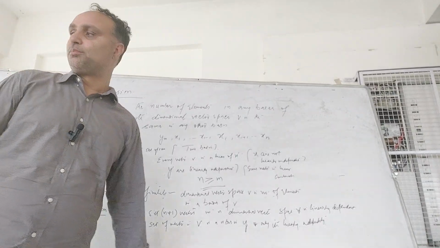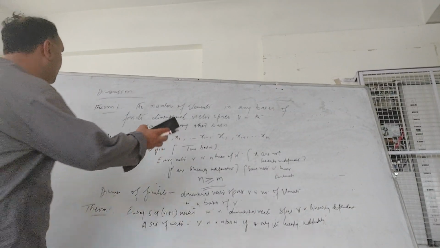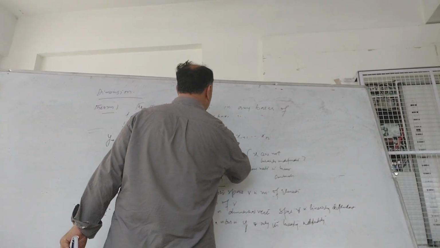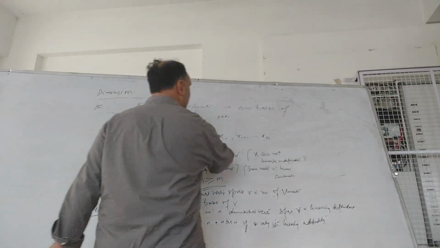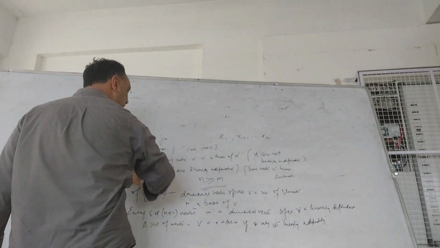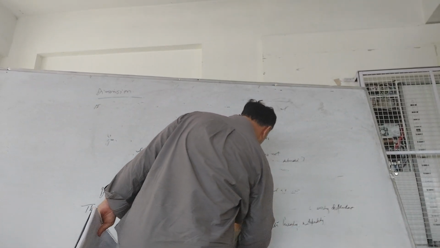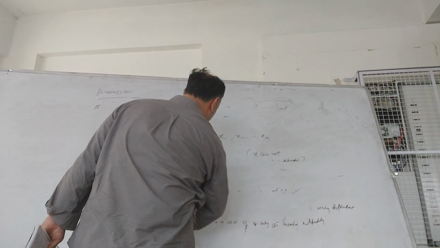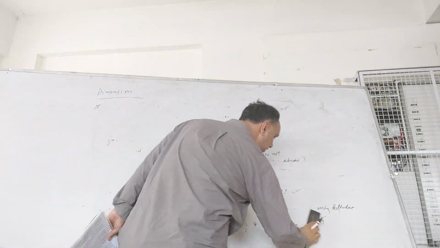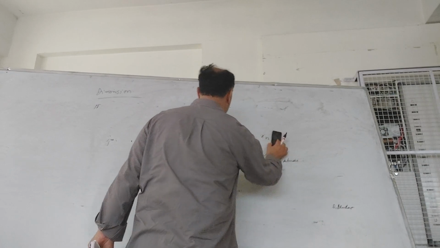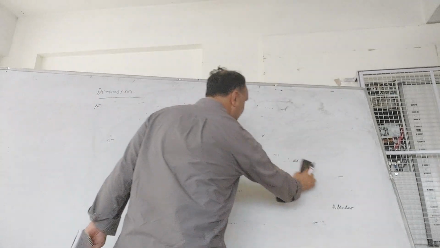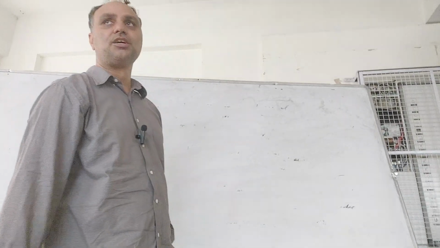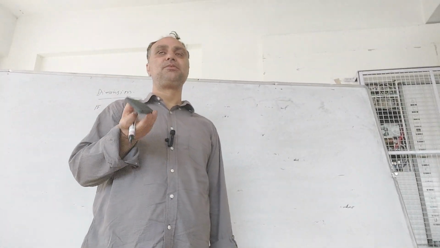Now the important thing which we will continue is isomorphism, which you might have heard about in your earlier classes. Isomorphism is a sort of mapping between these finite dimensional vector spaces, which are constructed out of those bases, and those bases may be constructed out of linearly independent or dependent vectors.